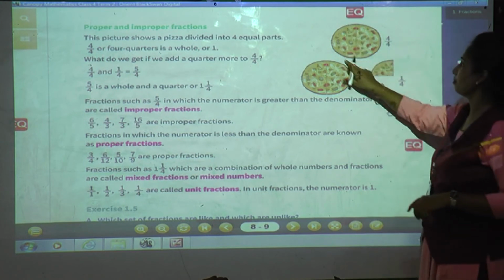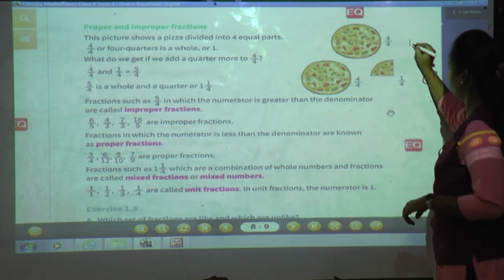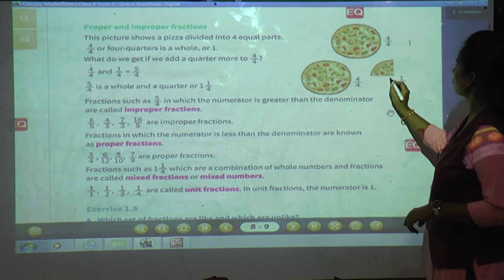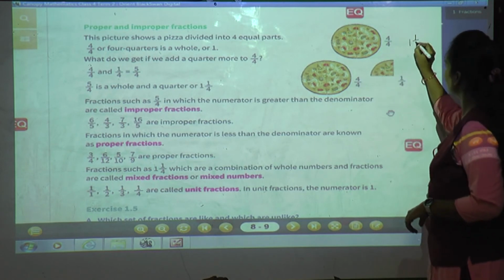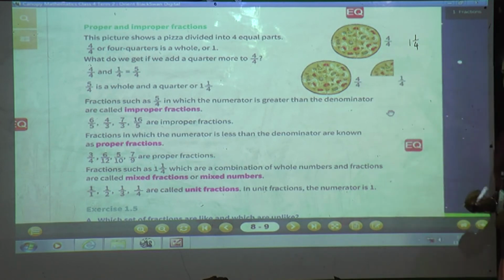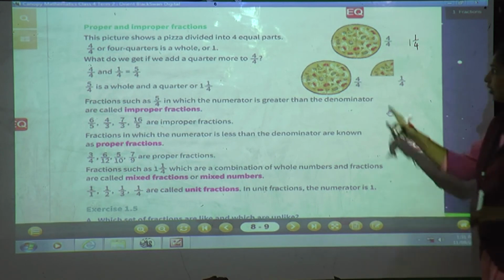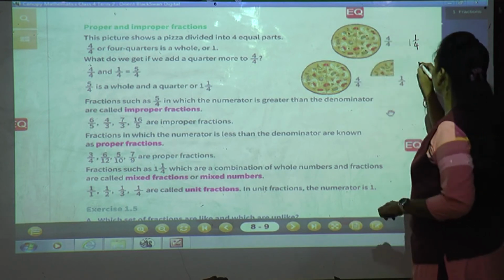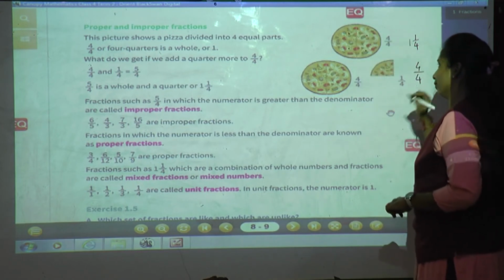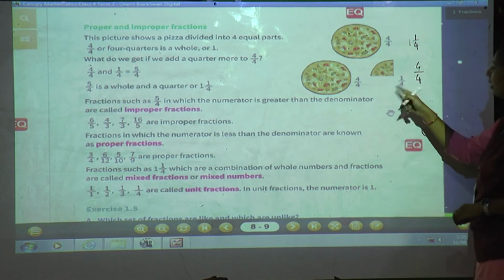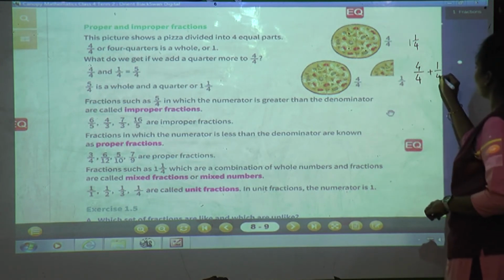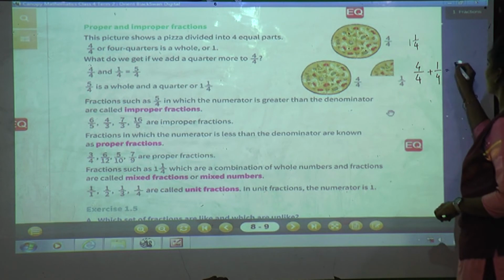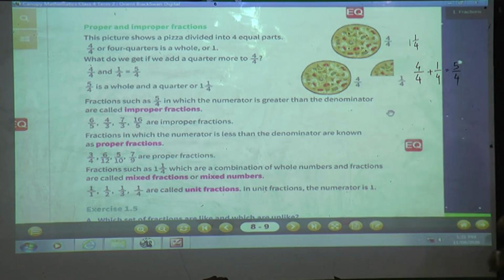See, this means 1 whole, and now if we add this 1/4 part, we write it this way, isn't it? Correct or no? Now see, here are 4 parts, 1, 2, 3, 4, isn't it? 4/4, and how much do we have to add? 1 by 4. So 4 plus 1 is 5/4. But how do we write these fractions in mathematics?